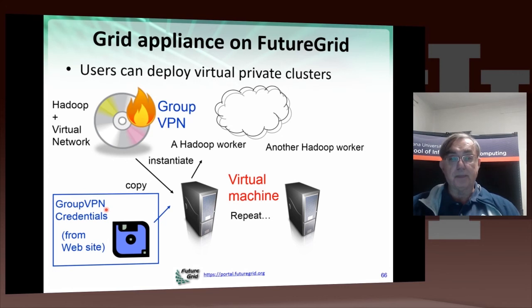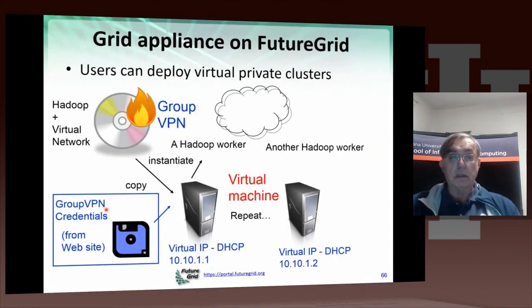And then you get these virtual IP addresses, and that's it. So that shows the components, the virtual network, the credentials, and the customized pieces of software, which give you, in this case, your Hadoop appliance.